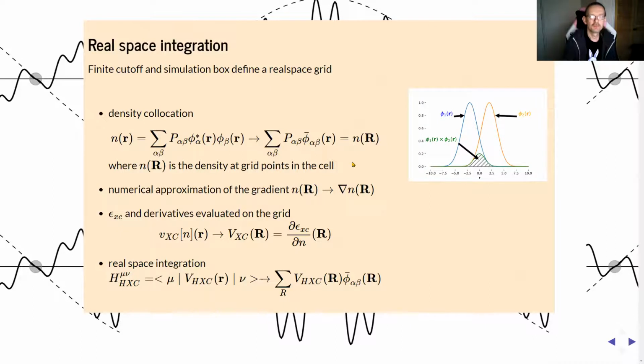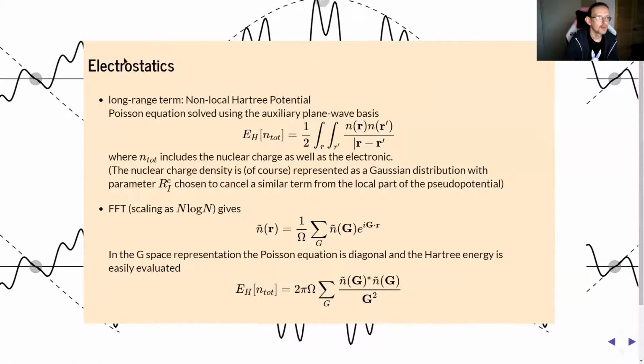And again, the number of these pairs that need to go onto the grid is linear. Once you've got the grid operations, you can do those. And the final ingredient of this basic operation, as well as doing the exchange correlation functional in terms of gradient derivatives of the density, you can also use the standard plane wave recipe for calculating the Hartree potential.